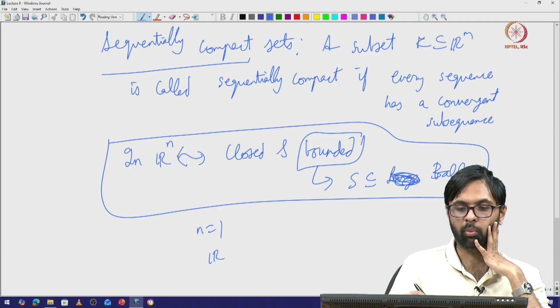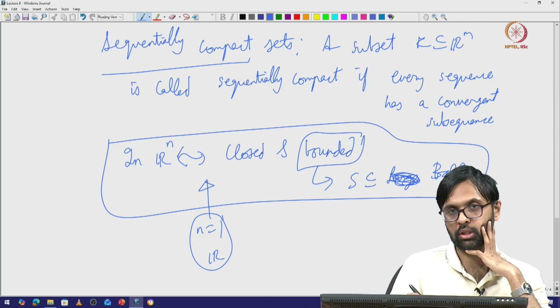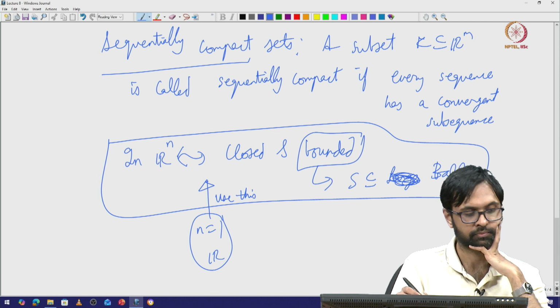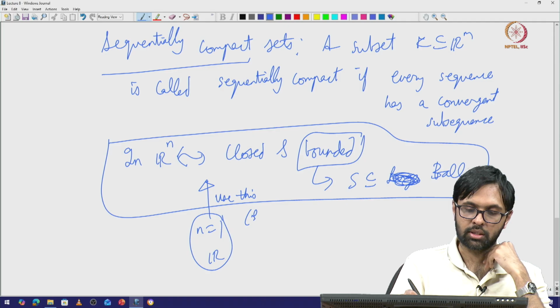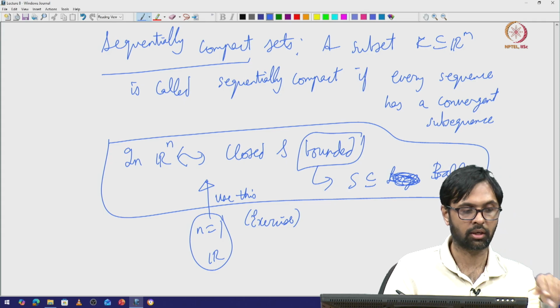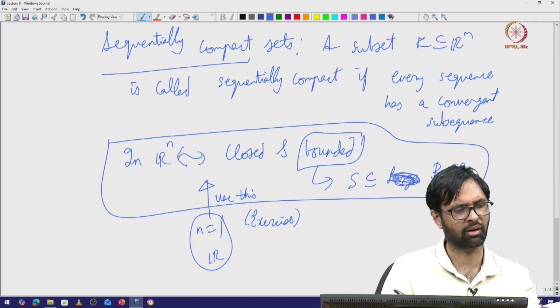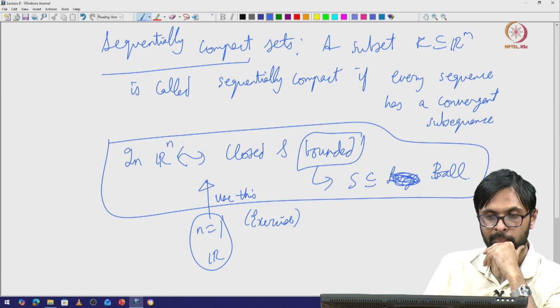Using the n equals 1 case, you can prove the n larger than 1 case as well. I leave this as an exercise if you want to prove it, but you can also take it on faith if you've not seen this fact earlier. In fact, I would suggest you do it as an exercise, don't take it on faith.